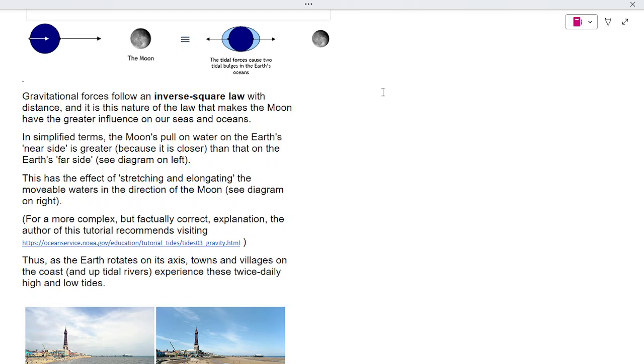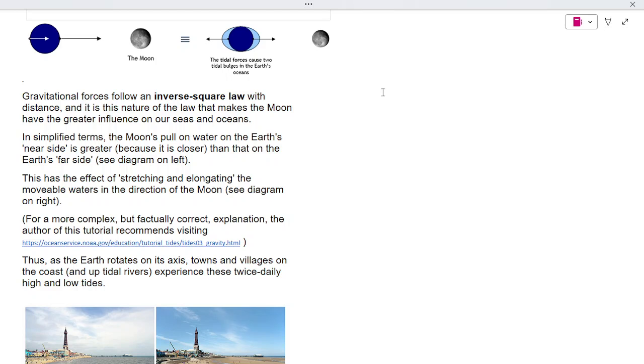Now, if you look at this diagram at the top of the page, you'll see that there are effectively two diagrams. The moon's in the same place and the Earth's in the same place, but the diagram on the left I'd like you to look at shows the two forces by the moon on a piece of matter on the near side of the Earth, so that's indicated by a black arrow, and on a piece of matter on the far side of the Earth, and that's shown with the white arrow. Now I've deliberately drawn, and this is exaggerated of course, the dark arrow longer than the white arrow to show you that the force on the near side is greater than the force on the far side.